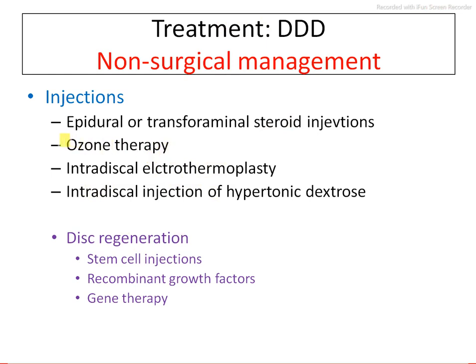Then we have something called ozone therapy. It especially works by decreasing the content of the nucleus pulposus as a whole. There are electrothermoplasty methods, and hypertonic dextrose injection has also been proposed. Other newer modalities investigated in animal models are disc regeneration: stem cell injections, recombinant growth factors, and gene therapy.